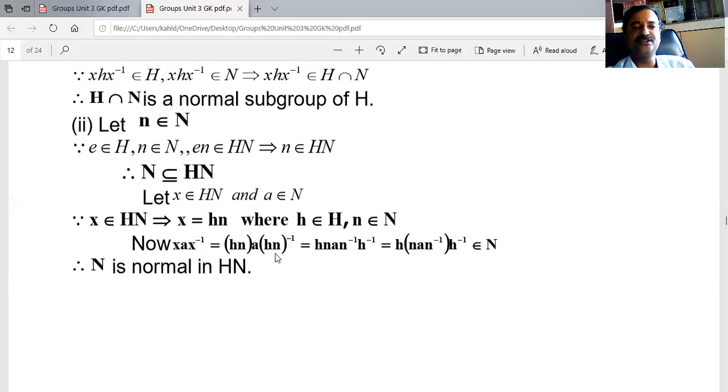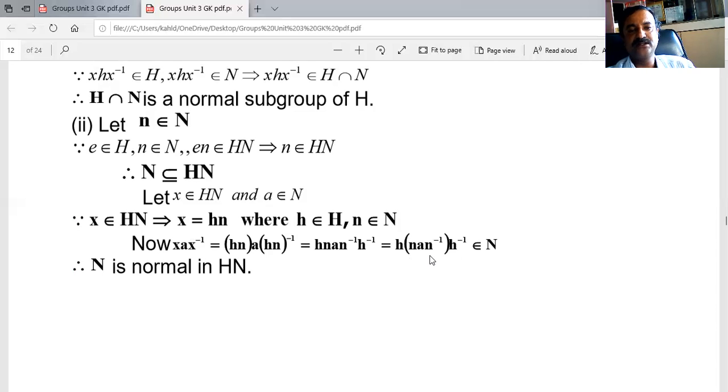By using that, we can write (hn) whole inverse as n inverse h inverse. The first three elements are as they are, and the last two elements are written as n inverse, h inverse. By the associative law, I am applying brackets for the middle three elements.